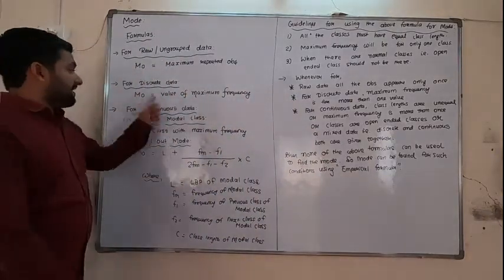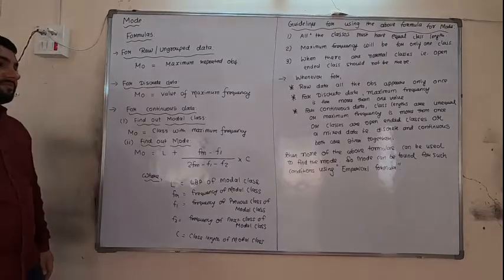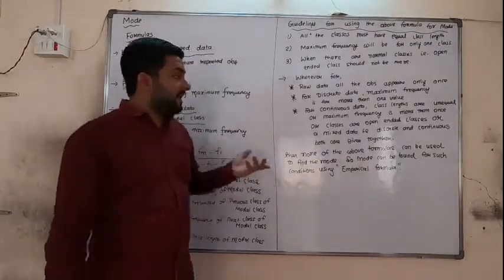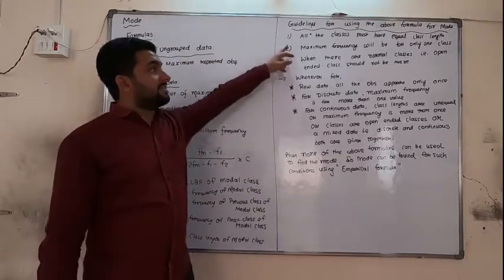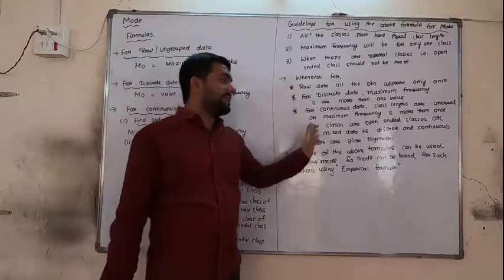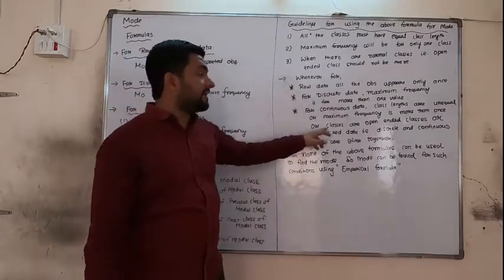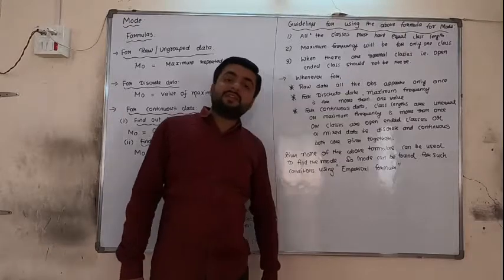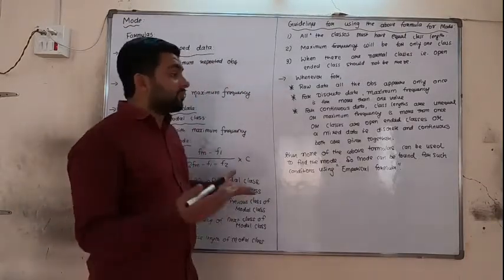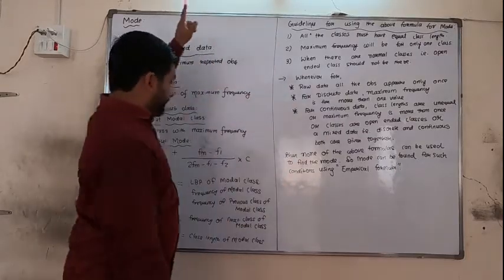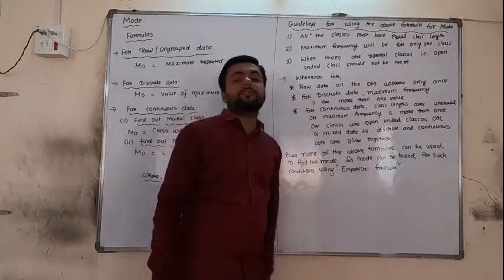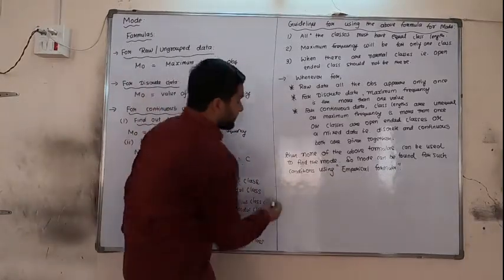For discrete data, if the maximum frequency is more than one time, then what to do? For continuous data, if the class lengths are unequal, or the maximum frequency is more than one, or the classes are open-ended, or there is mixed data, half discrete and half continuous, then none of the above formulas can be used. Instead, an empirical formula is used for the mode. Now we are writing that.